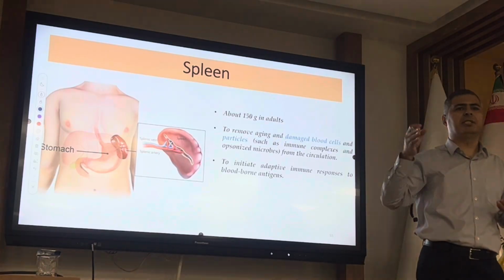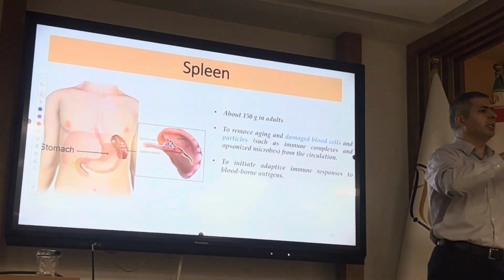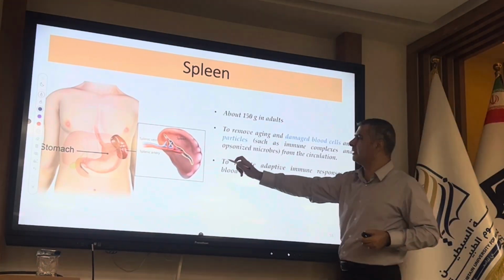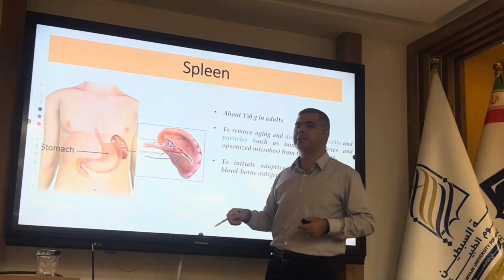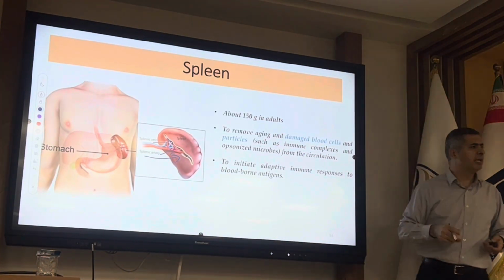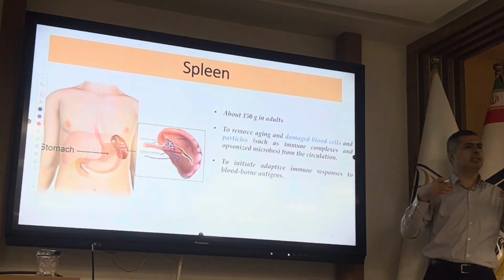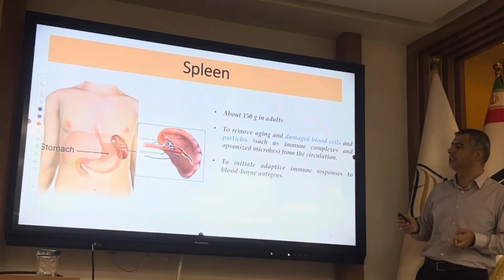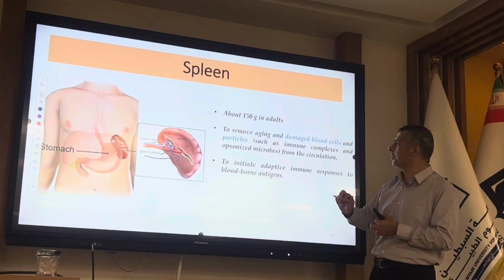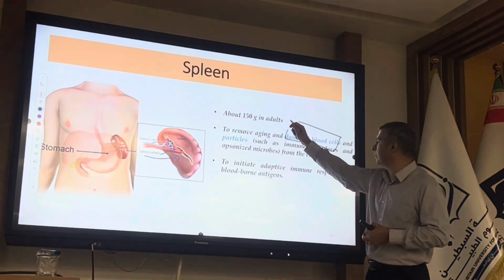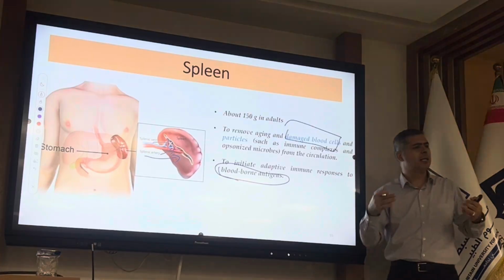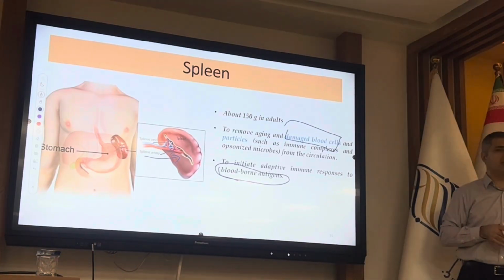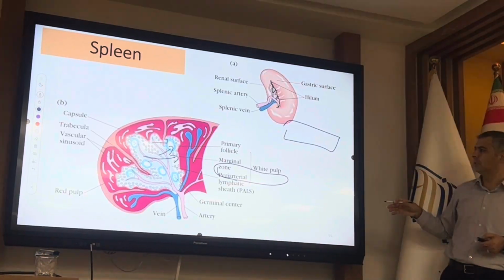If any antigens go directly into the blood circulation, inside the spleen the antigens will be presented to the T cells and B cells again. So it's another secondary lymphoid organ, the site for the initiation of immune response against damaged blood cells and blood-borne antigens. Blood-borne antigen means antigens that go directly into the blood.